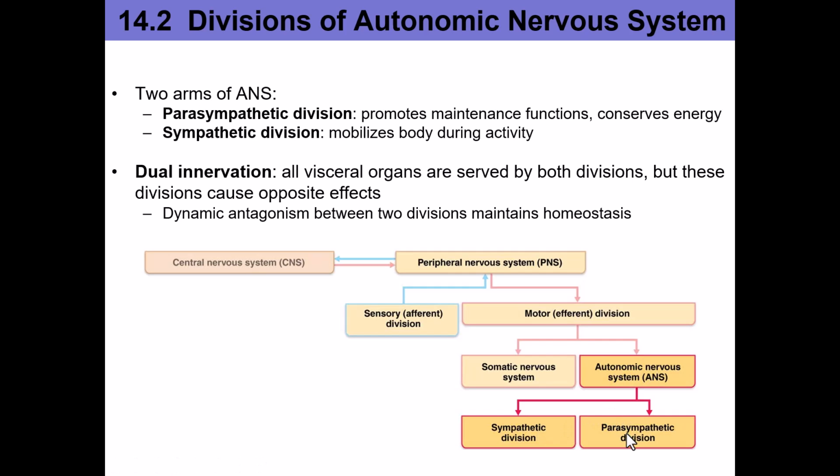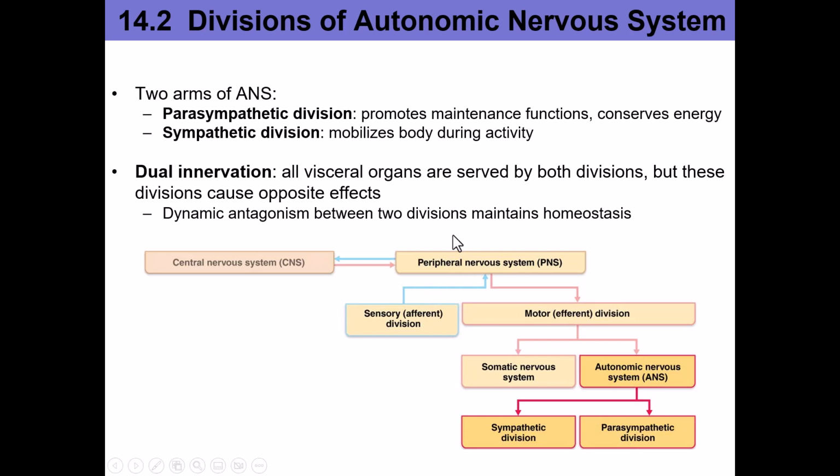They both will talk to more or less the same target organs, but the messages from each division are opposite one another. And so because these target organs in the autonomic nervous system are receiving motor information or messages from two different divisions, sympathetic and parasympathetic, we call this dual innervation.